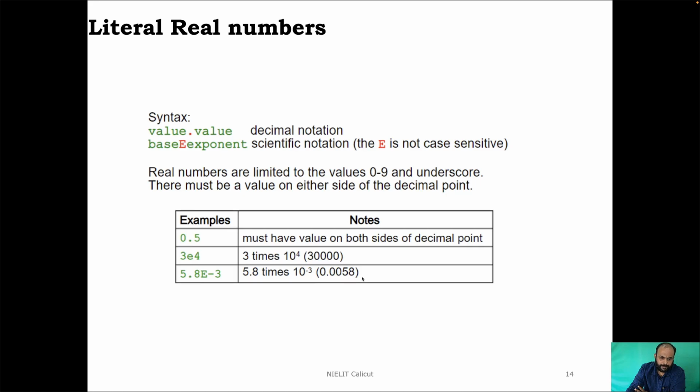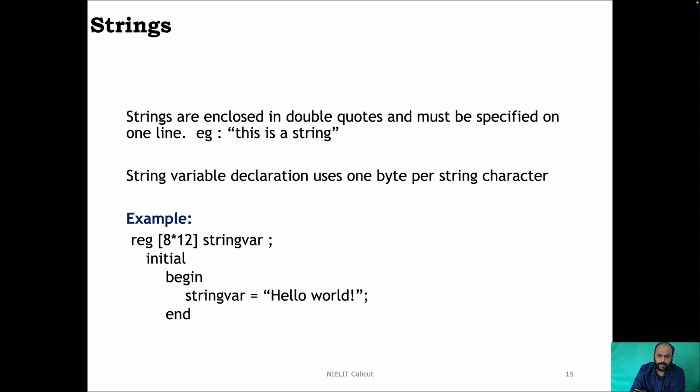So it must have values on both sides of the decimal point when you are specifying like this. Here e need not be case sensitive, otherwise please remember the whole of Verilog is case sensitive. By that what I mean is all keywords which we use in Verilog should be in small letters. Now let us see how strings are used in Verilog.